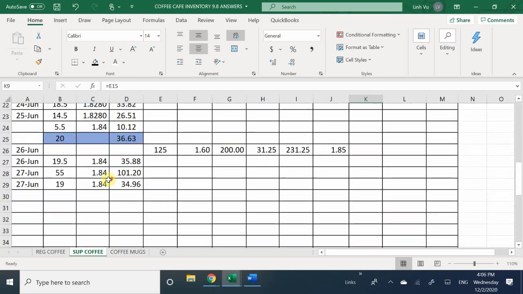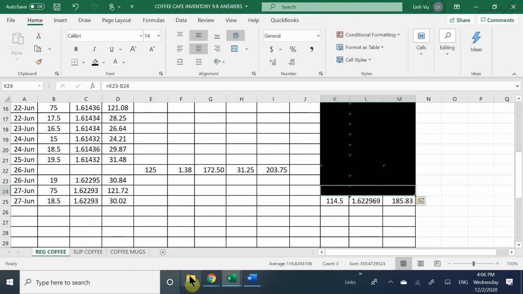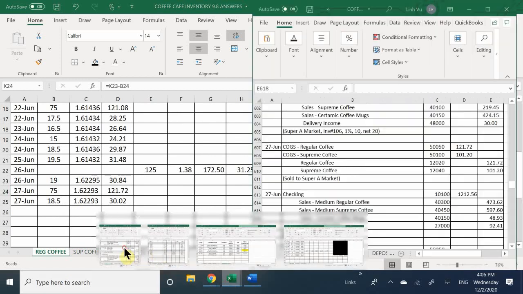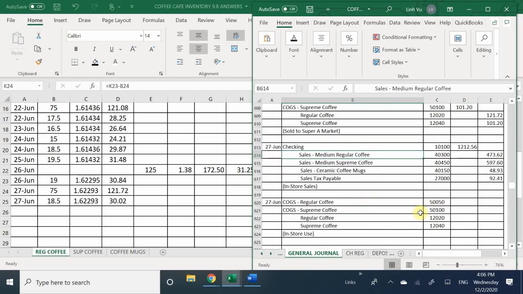So now we got to go back to our journal. Okay. So $34.96 for the cost of goods sold for the Supreme, and then the same $34.96 for the sale. I mean, for the Supreme on the credit side. What did you say? 34.96. Yes. Okay, for the Supreme.